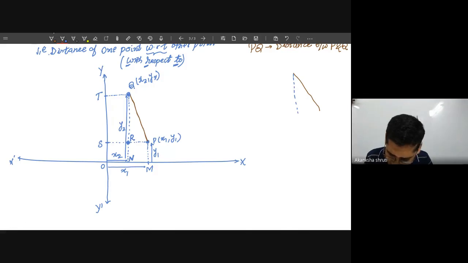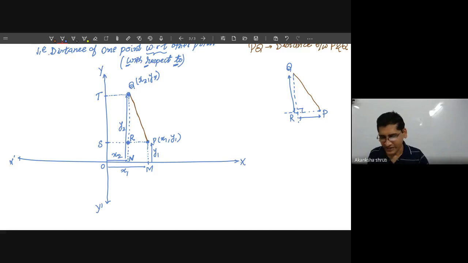If we draw this perpendicular, forget the x-axis, y-axis, here it is the P, this is the Q, this is the point R. So if we are able to calculate this much, then this much, then squaring them, adding them, taking their square root, means applying the Pythagoras theorem, we can get it. That is our purpose. So how to calculate this?